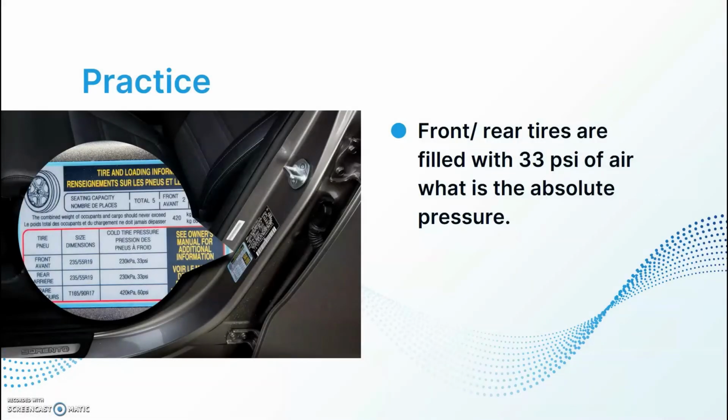So your front wheel tire says right here that it needs to be pressurized at 33 psi, while your spare tire needs to be at 60 psi. So we're going to look at the 33 psi front tire. What is the absolute pressure? Well, we take 33, add 14.7, and that gives us our 47 psi.